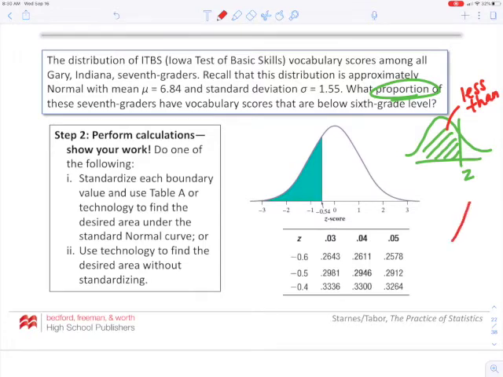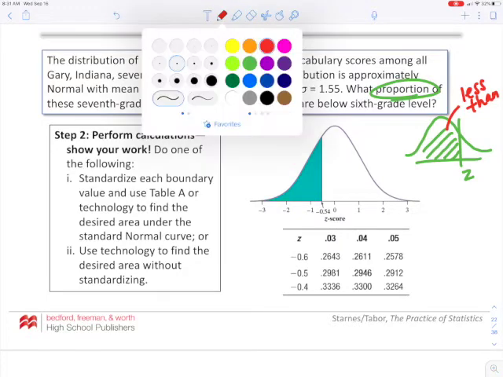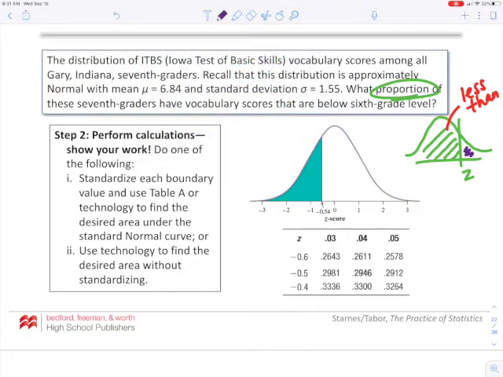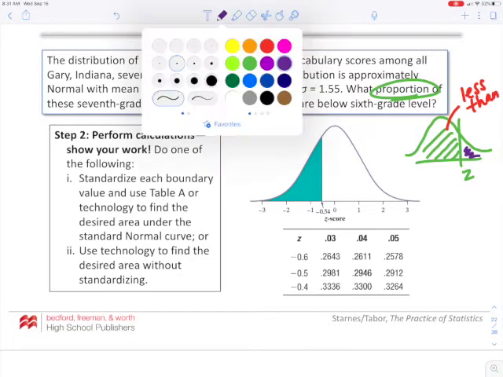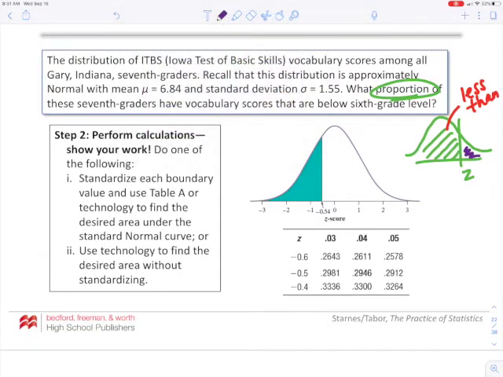All the proportions inside that table are telling you less than. If you want to know greater than, you want this part. Remember, this is a density curve. So to find that, you would do 1 minus what's on the left side. And we'll see how to do that in a moment.